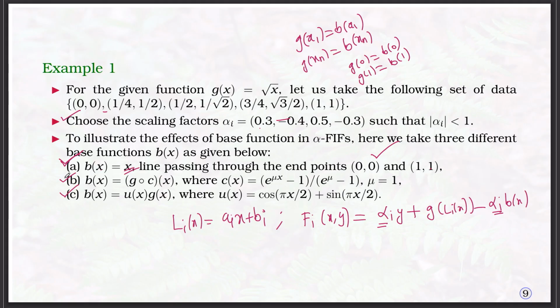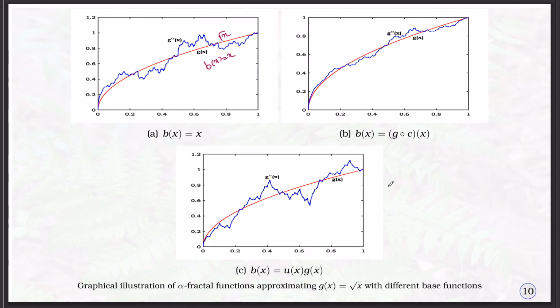For the next function, the alpha is the same, the data points are the same and g of x is the same, just changing b of x to this function, then one can get the alpha fractal function like this one corresponding to root x.